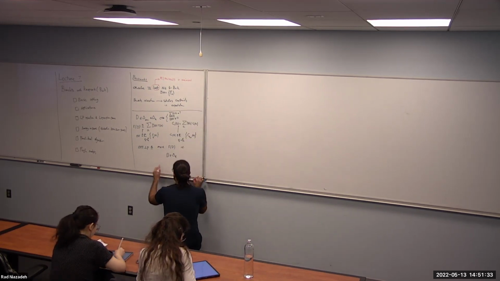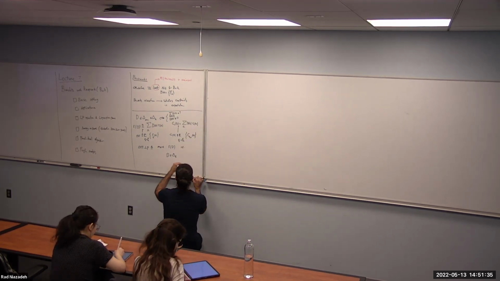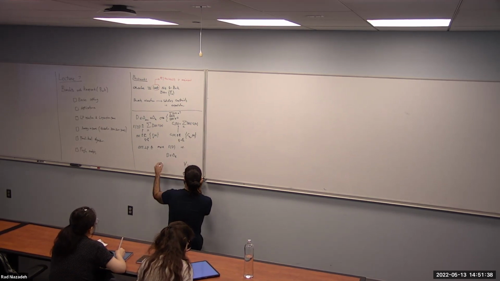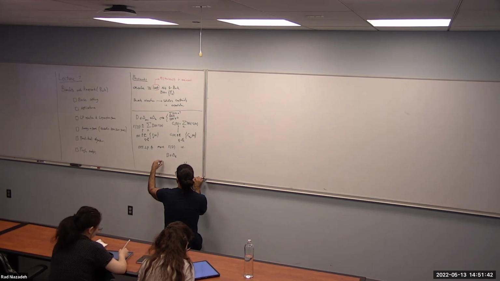And then I have a constraint for every resource. So for every resource I want to have T times C_i of D to be no more than B.